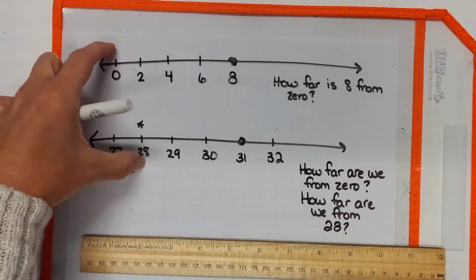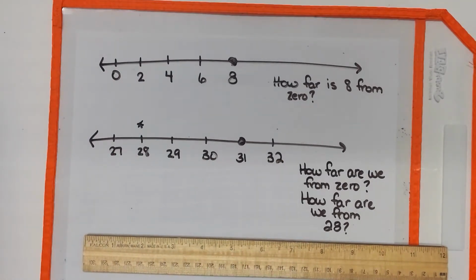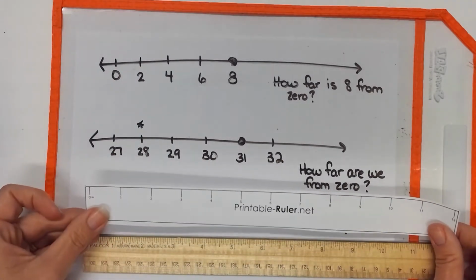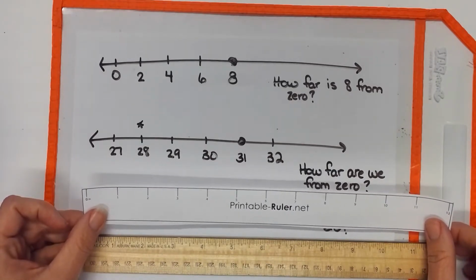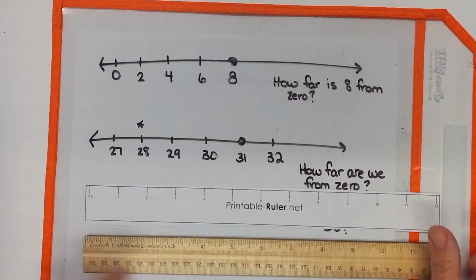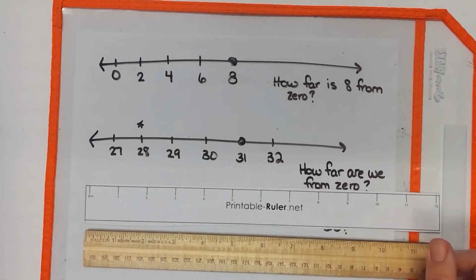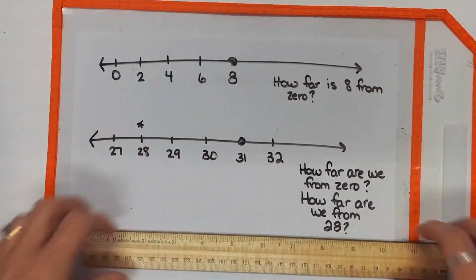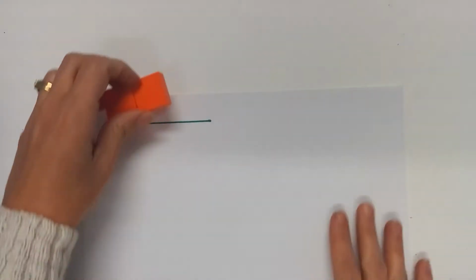So this number line is taking us to the idea of this ruler. And that's why a lot of times we start out with a more simplified ruler for the students to use, because it looks just like a number line, and I'm not getting distracted with all of these little pieces here as well. So when I start with my ruler, I would want to start with that simplified ruler and the tools that I have.